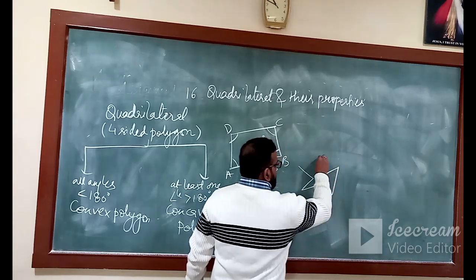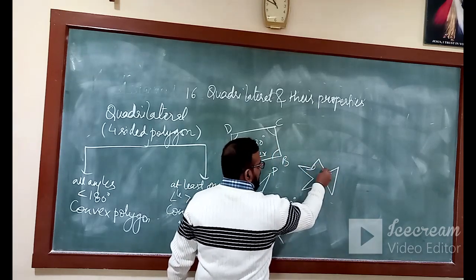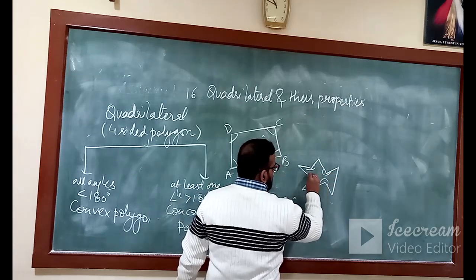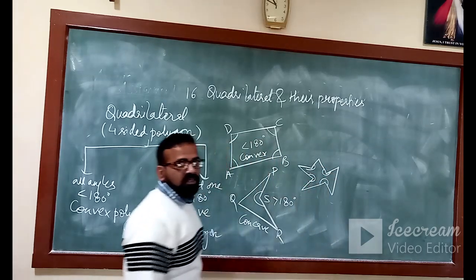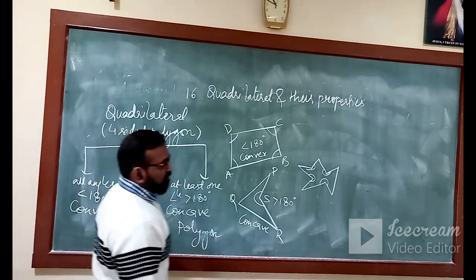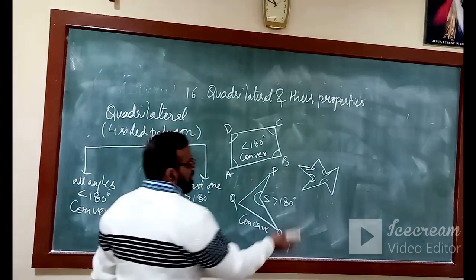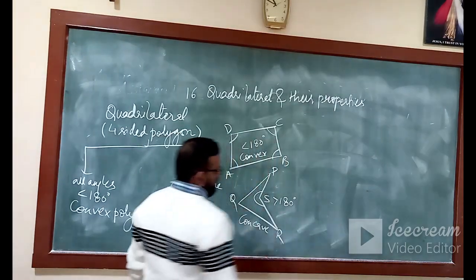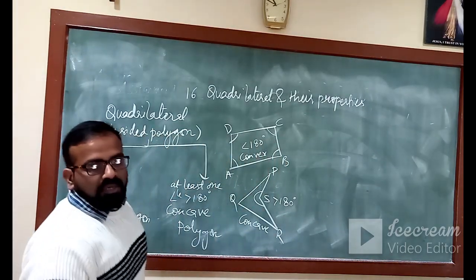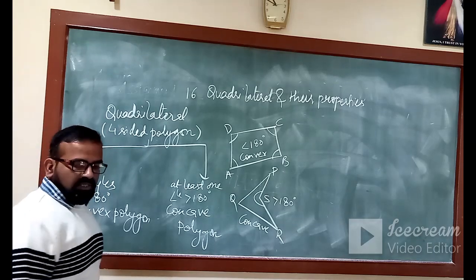Here you can see many angles are there which are more than 180 degrees. So it is a concave polygon. If at least one of the angles is more than 180 degree, then that is known as a concave polygon.